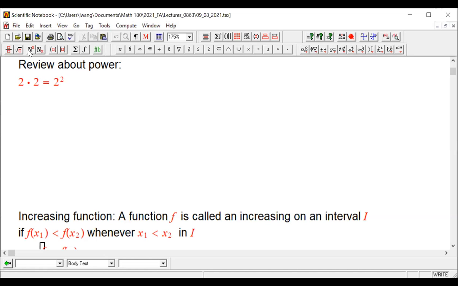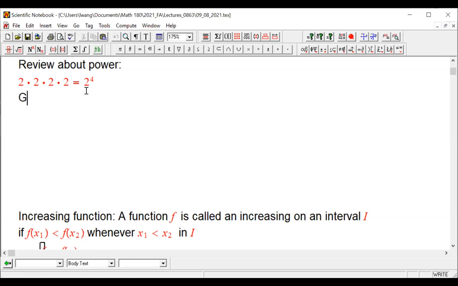And times another 2 is 2 to the power of 3, and another 2 is going to be 2 to the power of 4, right? And 2 is called the base, and 4 is called the exponent, the power.